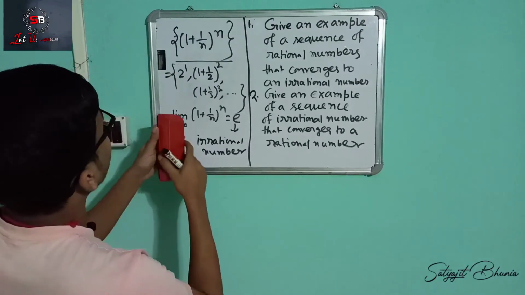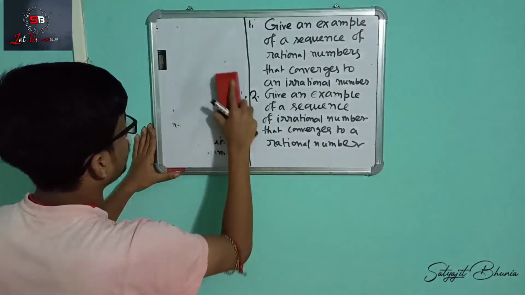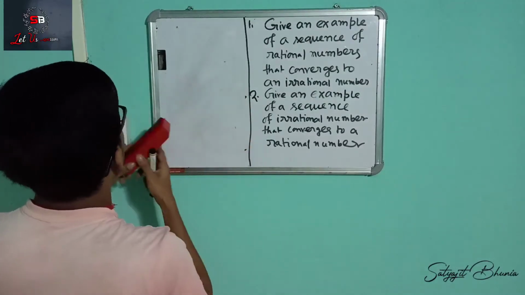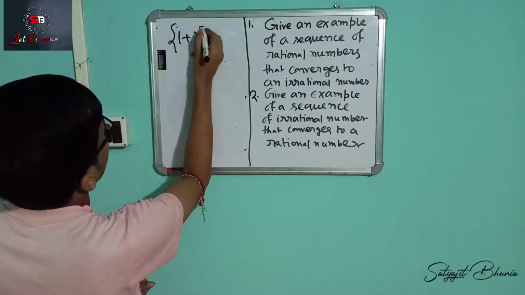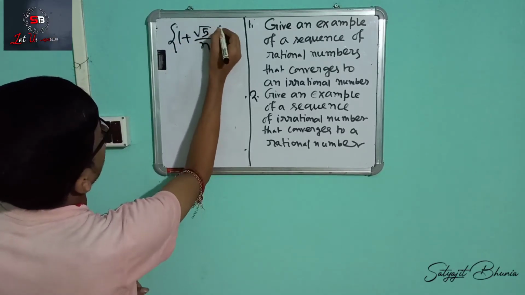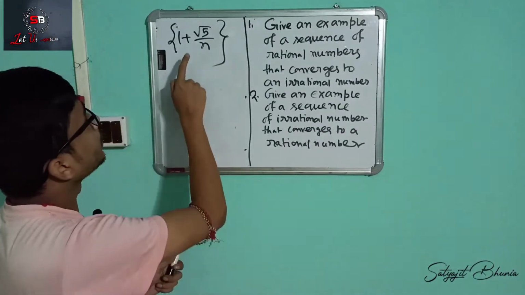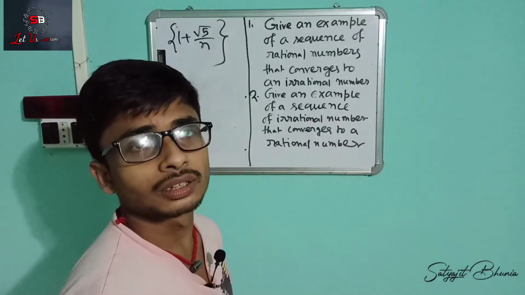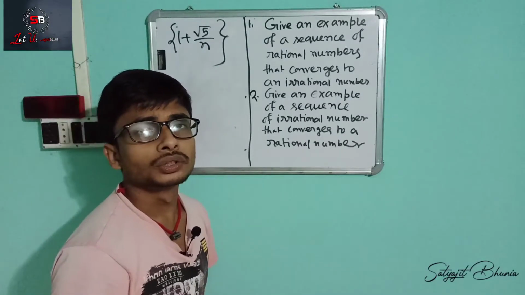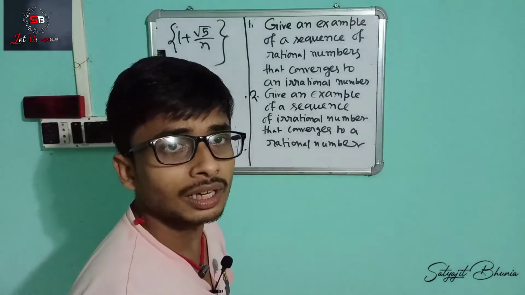Here we take the example. This is the sequence. We can easily see that since root 5 is an irrational number, we can say this is a sequence of irrational numbers.